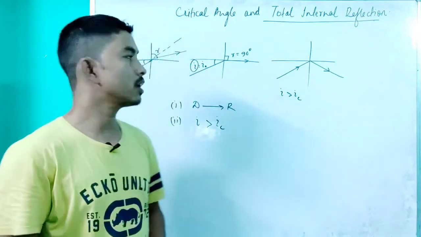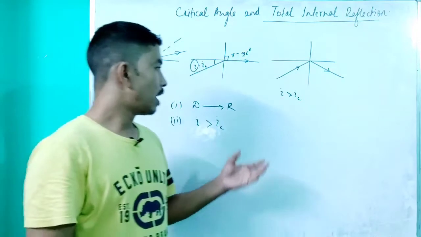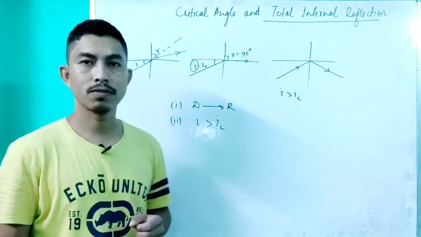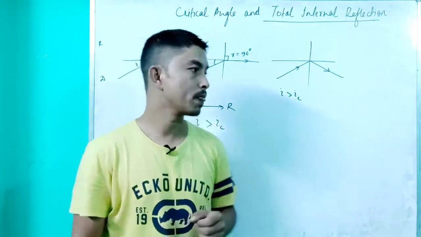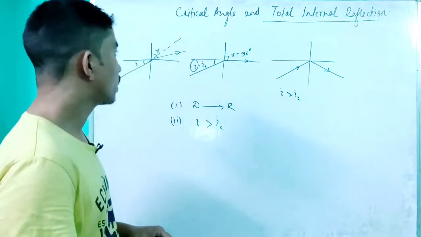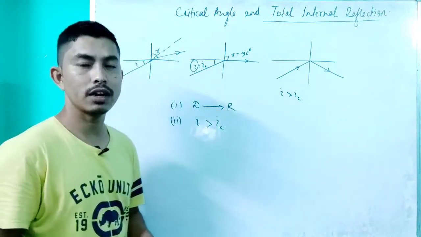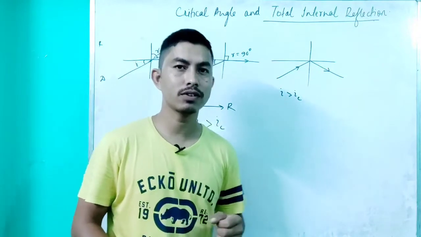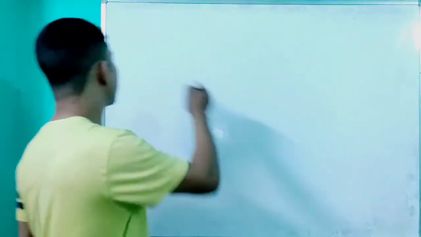Now we will be studying the application of total internal reflection in the case of a few prisms, the right angle isosceles prism and a few more. Let us see what we can obtain using a right angle isosceles prism. Using it, we can carry out three things.